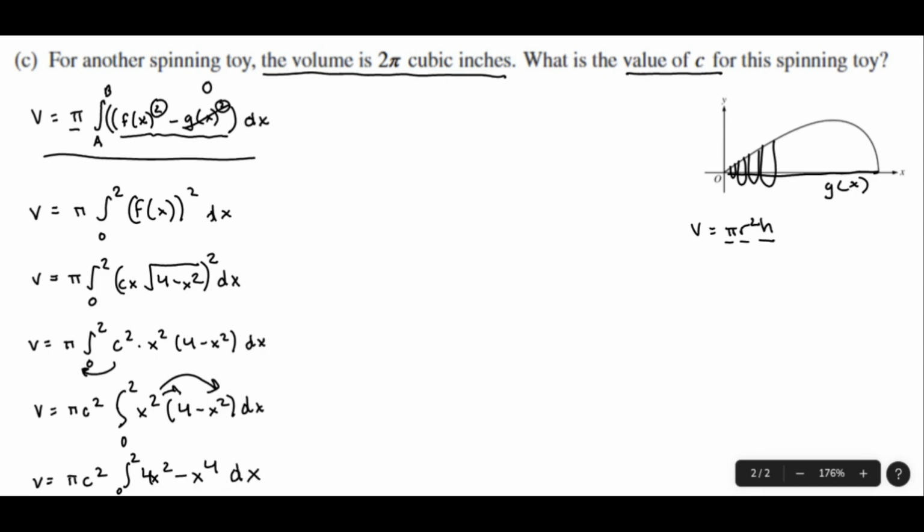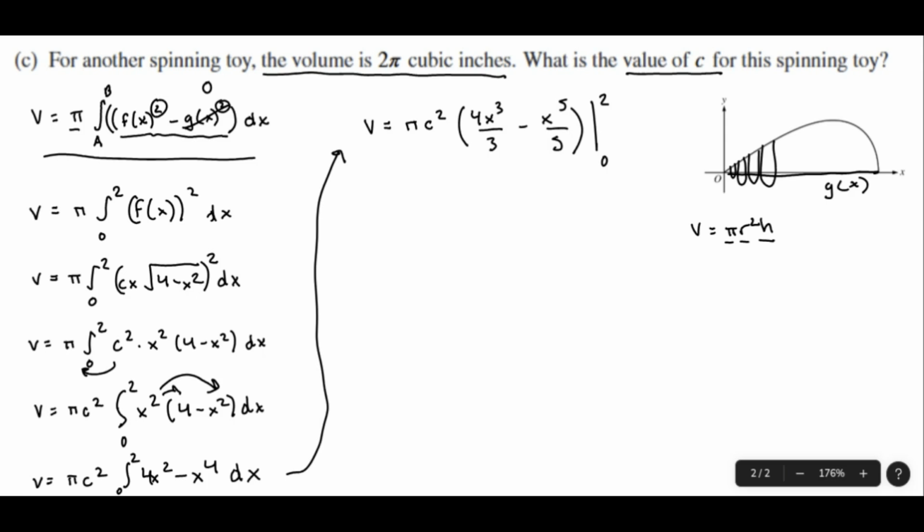And now we're going to bring that up to the top, and we got v equals pi c squared from 0 to 2, and we're going to evaluate, so that's 4x cubed over 3 minus x to the fifth over 5, just reverse power rule, of 0 to 2. At 0, since both terms have x, it's just going to be 0, and now we're going to plug in 2, so we should get 32 over 3 minus 32 over 5, and we want this in one term, so v equals pi c squared.